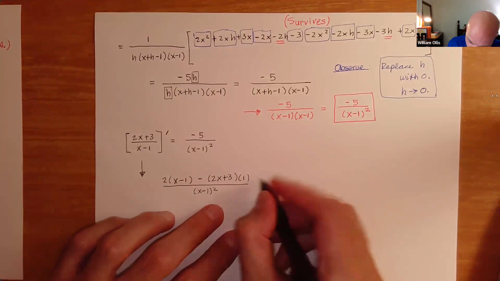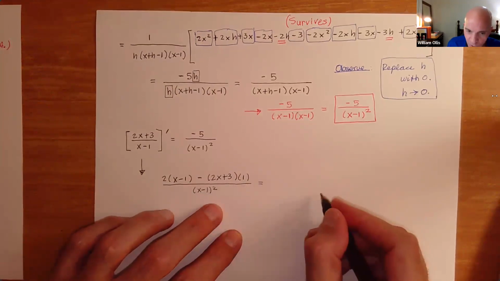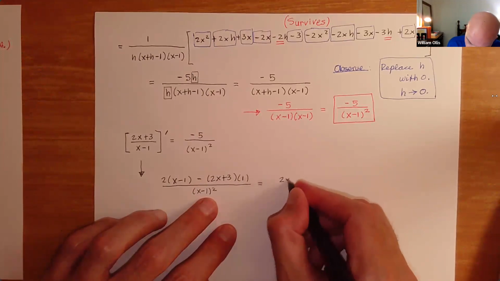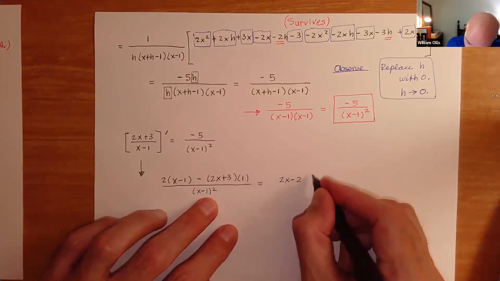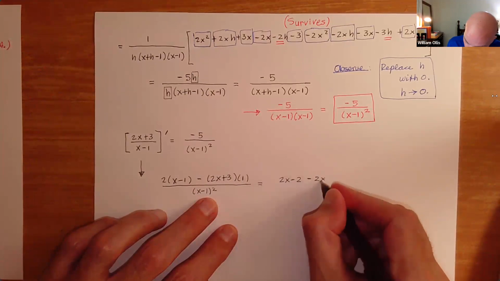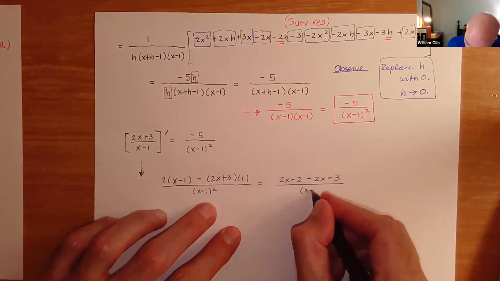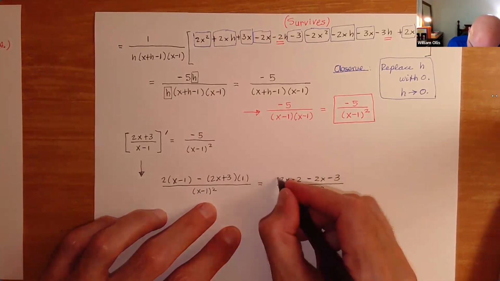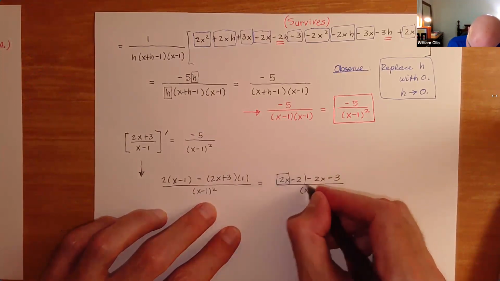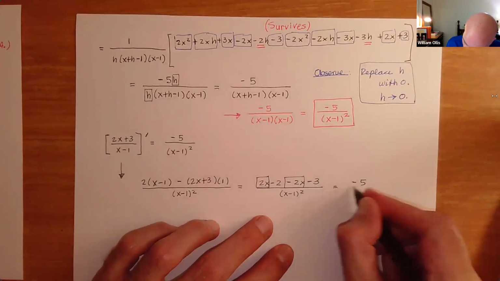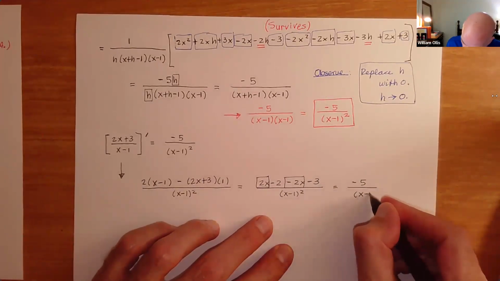Okay, you're thinking, boy, this is easier than the difference quotient. Now notice we get some terms that absorb. We get 2x minus 2, and then we get a minus 2x minus a 3. And then we have x minus 1 quantity squared. And notice the 2x terms absorb. And we're left with what? Negative 5 over x minus 1 quantity squared.